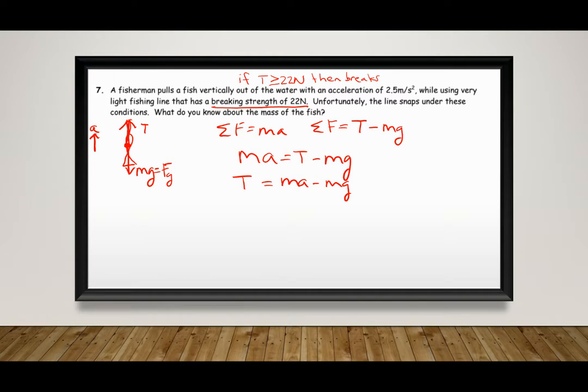Now here's the deal. In this case, I want my tension to be at least 22 newtons. So I'm going to plug in 22 newtons here, and that's equal to my mass times my acceleration 2.5 plus gravity 9.8.